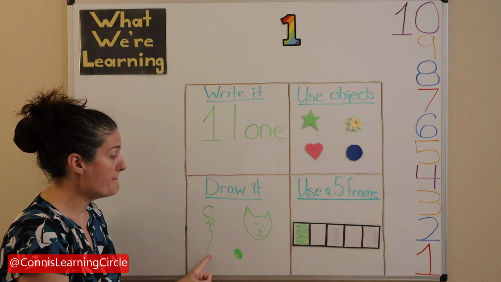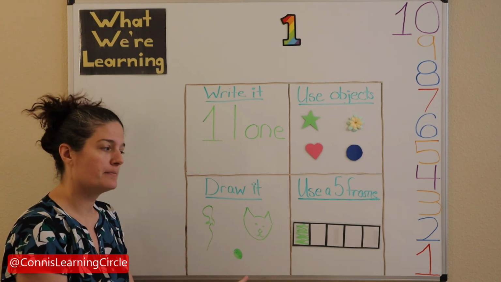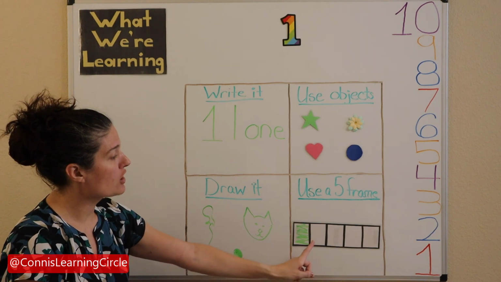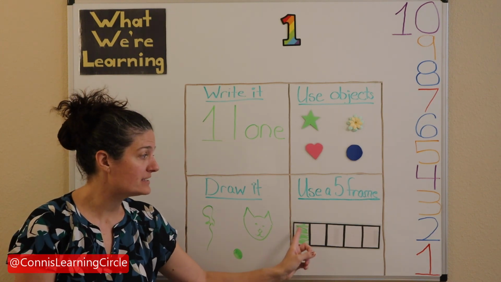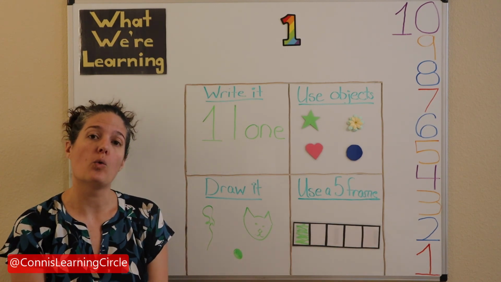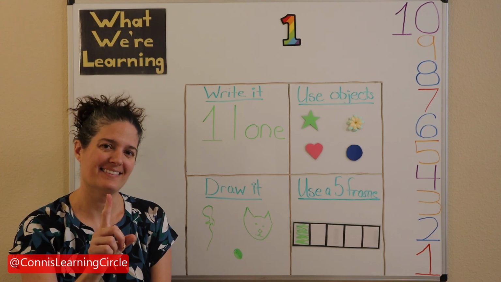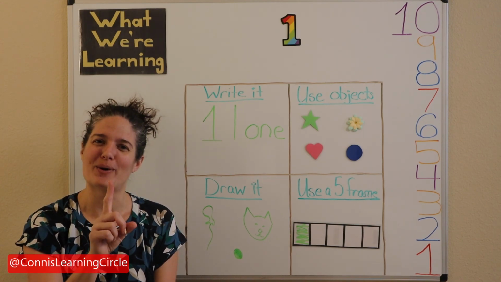We drew 1 balloon, 1 cat, and 1 dot. And then we used our 5 frame to fill in 1 square to show 1. All of these are different ways we can show the number 1.